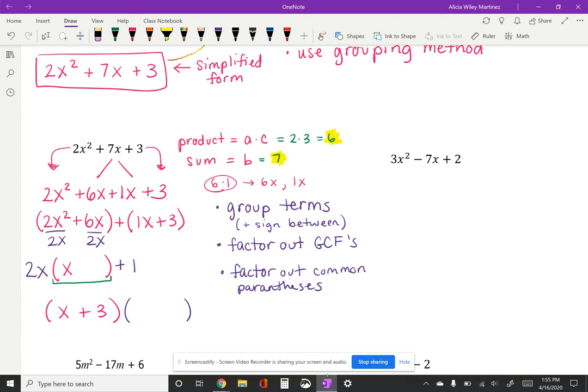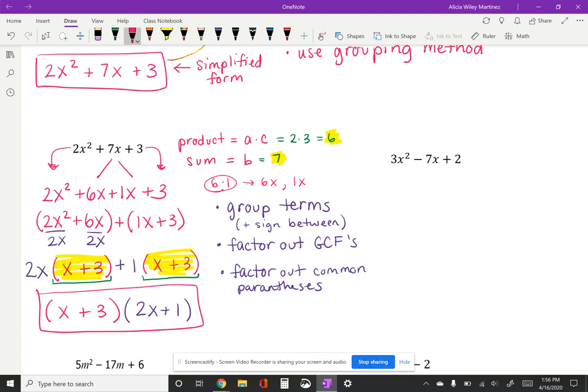Take these out. I'm going to erase them very carefully this time. Look what you're left with. You're left with a 2x plus 1. I'm going to put those back because I don't want to have my work erased. But you are left with a 2x plus 1. Color coding can help as well. And this is your factored form.